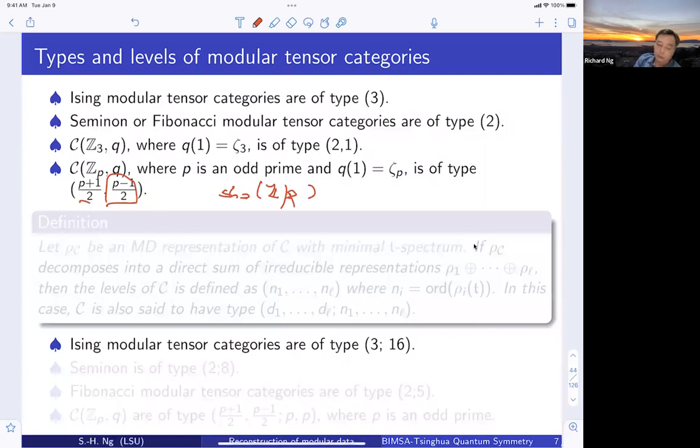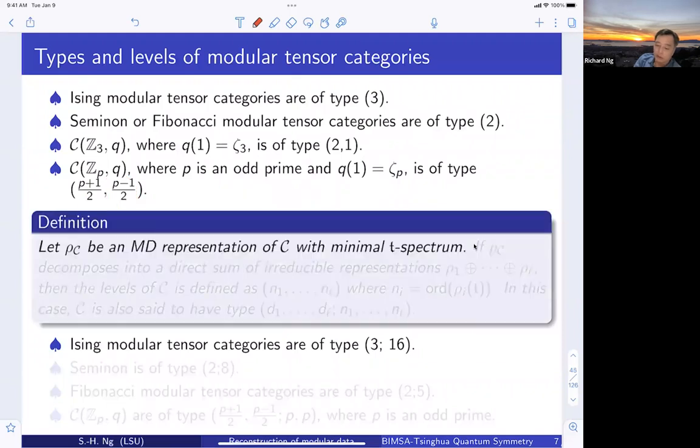When you sum these two representations together, you get the Weil representation of the modular group for this quadratic form on the Abelian group of order P. So this explains the notion of type, but certainly it's not sufficient, because you could have different levels with the same dimension type. So we need to be more specific.